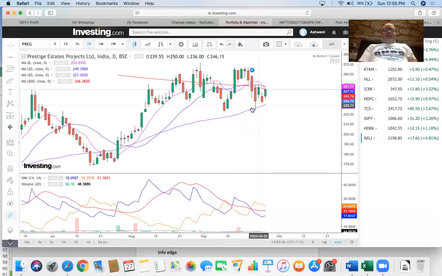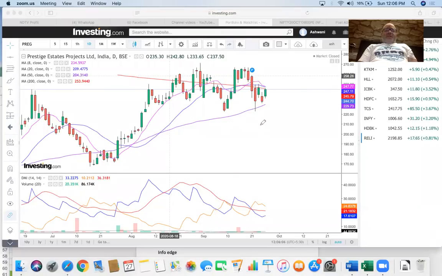So again, from here risk reward is favorable. You could have a stop at about these levels and look for target somewhere here.